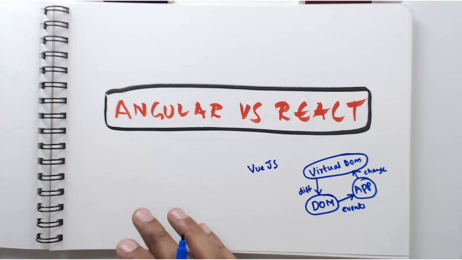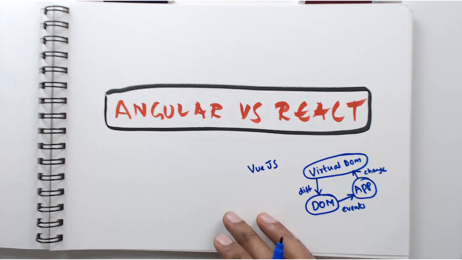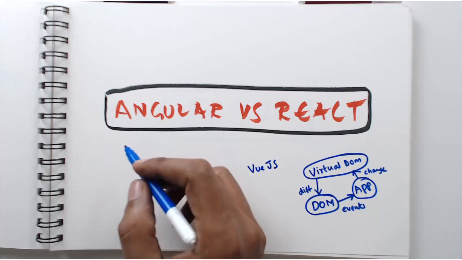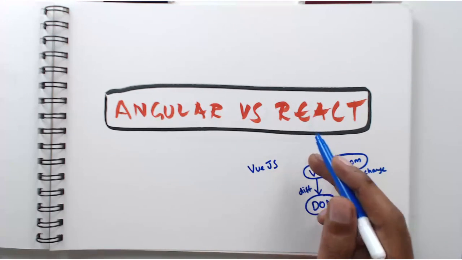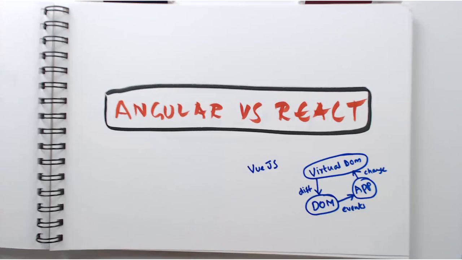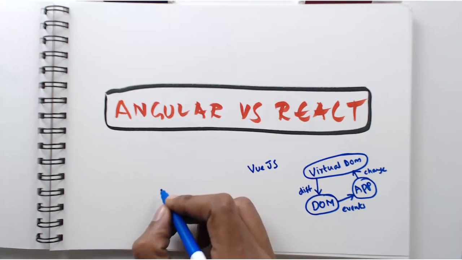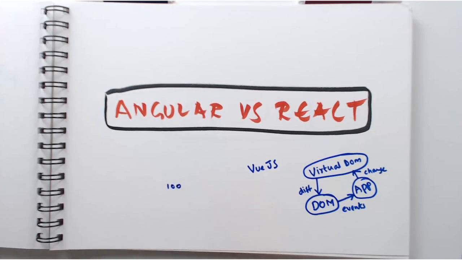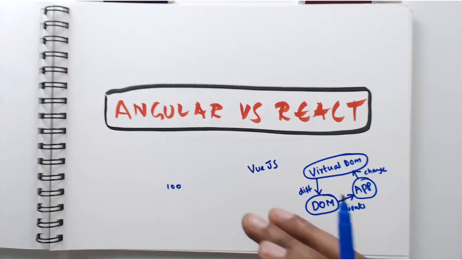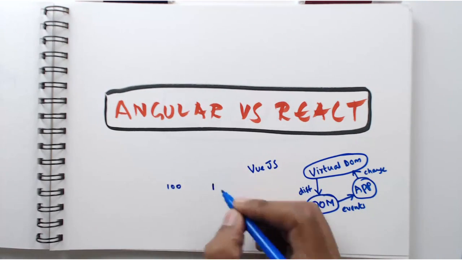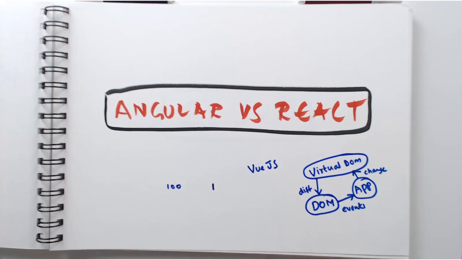Another important thing you need to understand about front-end applications is how they are deployed and how they go to the browser. Whenever you create a project with Angular or React, you would create a number of JavaScript files. Let's say you might create 100 or 200 JavaScript files. But when the application is rendered in the browser, you would see that it is just one JavaScript file which goes to the browser.